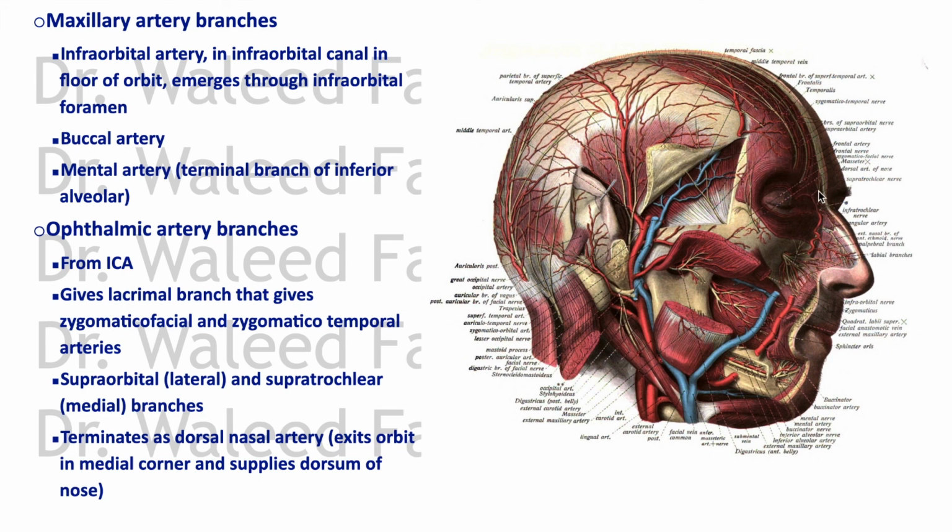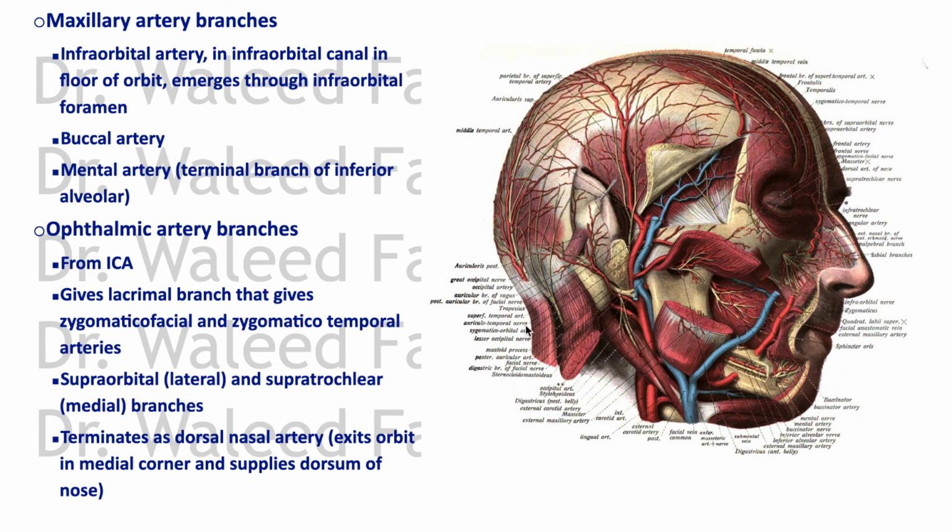Now, remember that these high upper branches are coming from the internal carotid artery, while those arteries are coming from the external carotid artery. So the internal and external carotid share in the supply of the face.